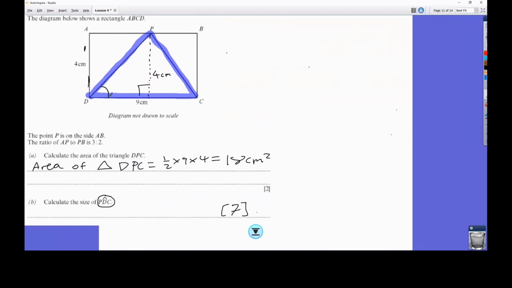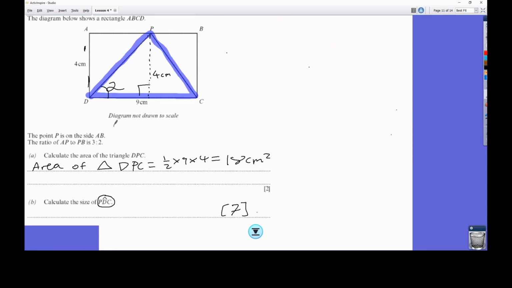Not that angle, I want this angle in here. Okay, so I'm going to label it X. I prefer using the Greek letters for the angles. I'm going to label it alpha.